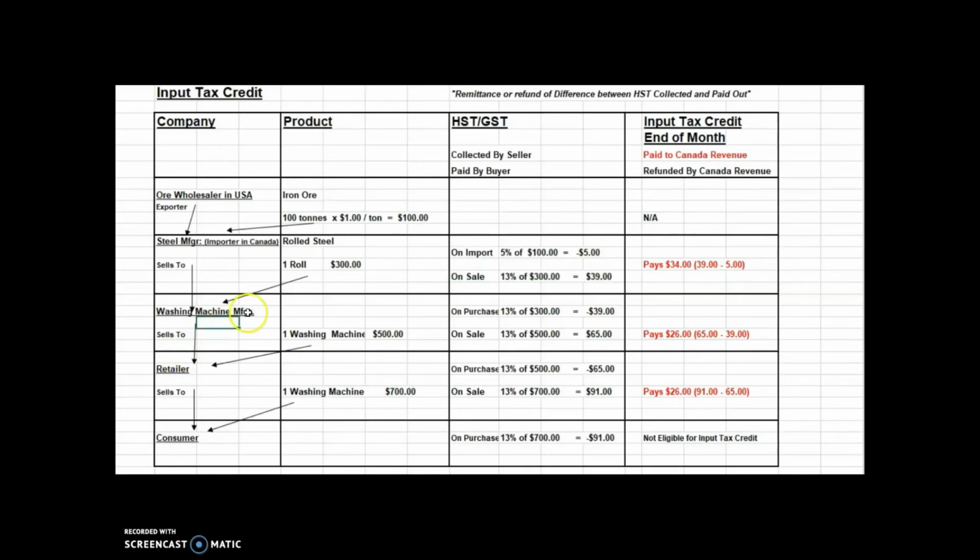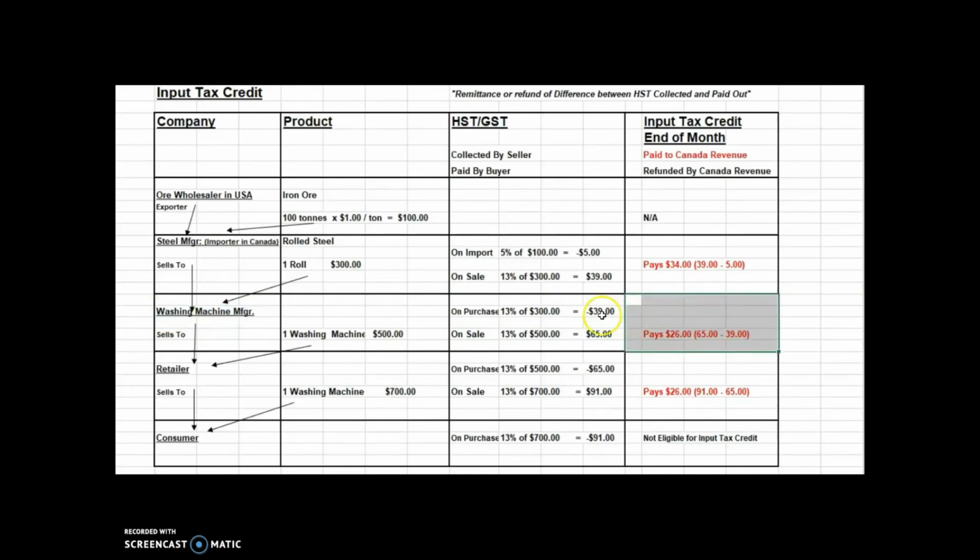Now the washing machine manufacturer takes that steel and makes a washing machine out of it and sells the washing machine for $500 to a retailer. They collect 13% HST on the $500 sale price, $65. Now, at the end of the month, the washing machine manufacturer does their input tax credit.